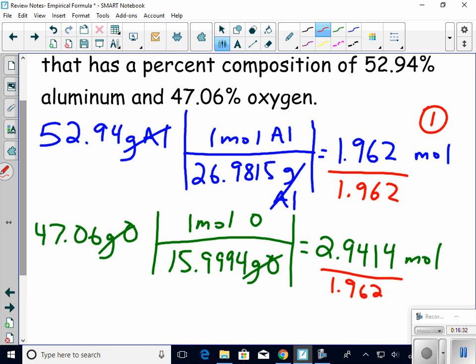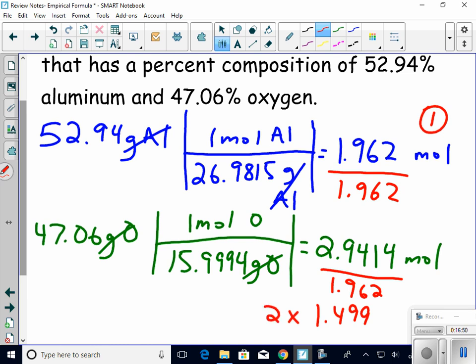That sounds a little bit better. All right, so now that value is very close to 1.5.